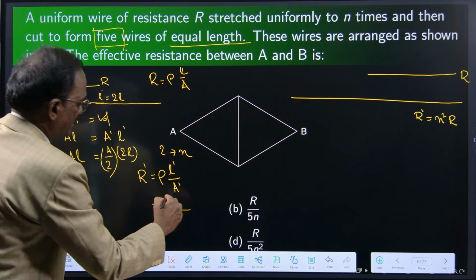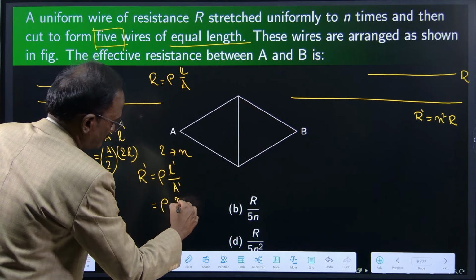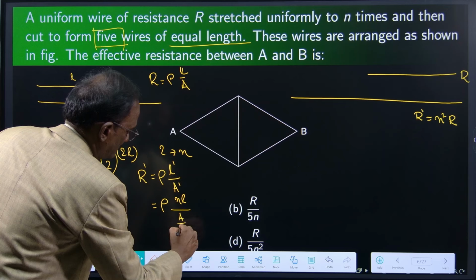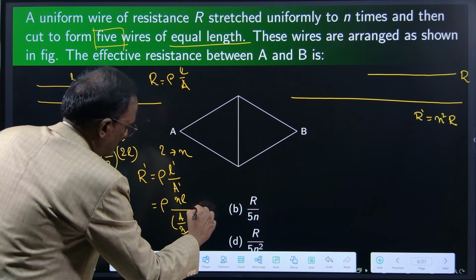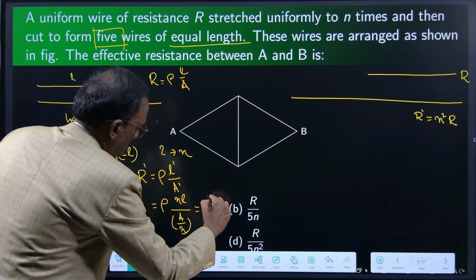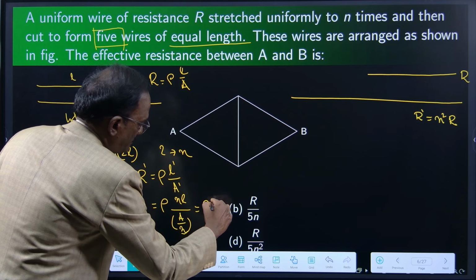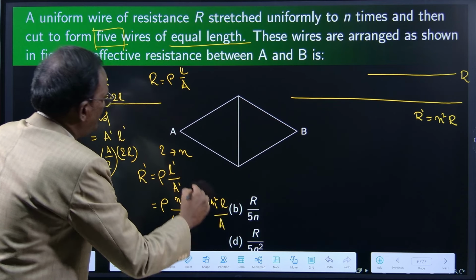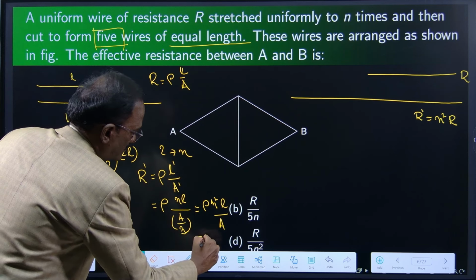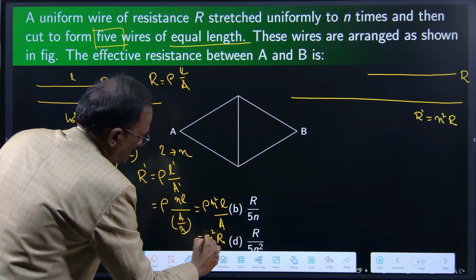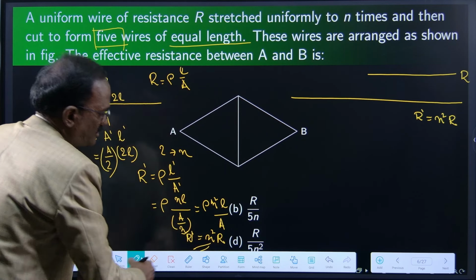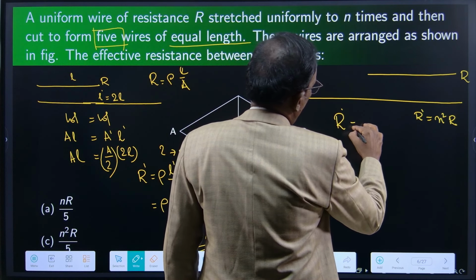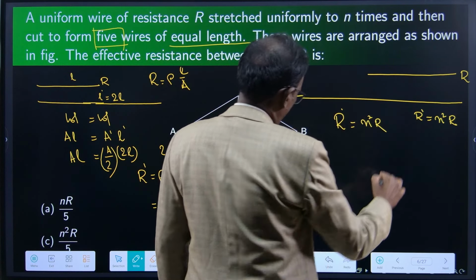L dash is equal to n into L. A dash is equal to A by n. This is equal to rho, this n will go up, n square L by A. Rho L by A is R. So this is n square R. The new resistance is n square R, right? R dash is equal to n square R.